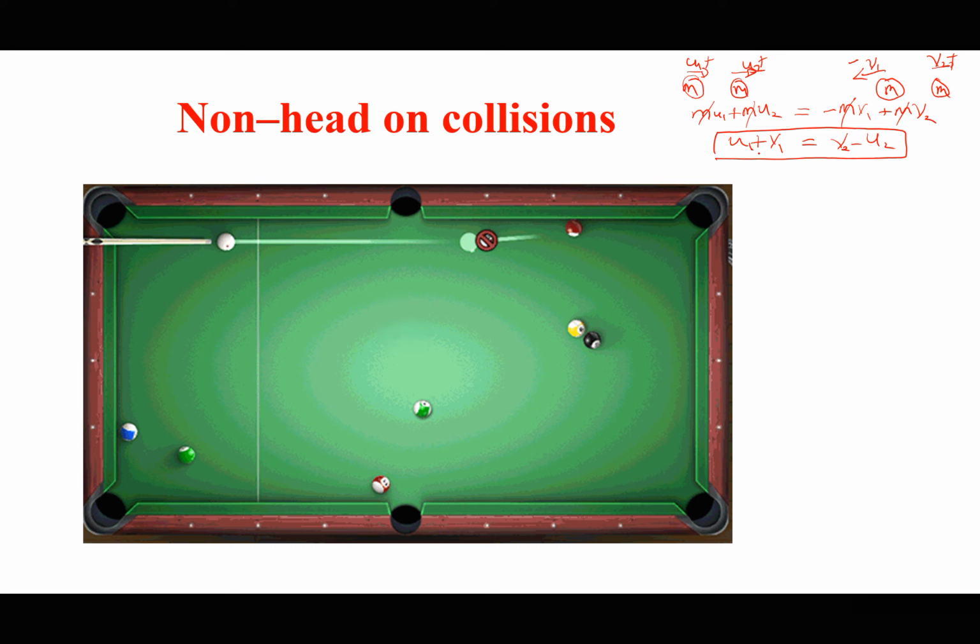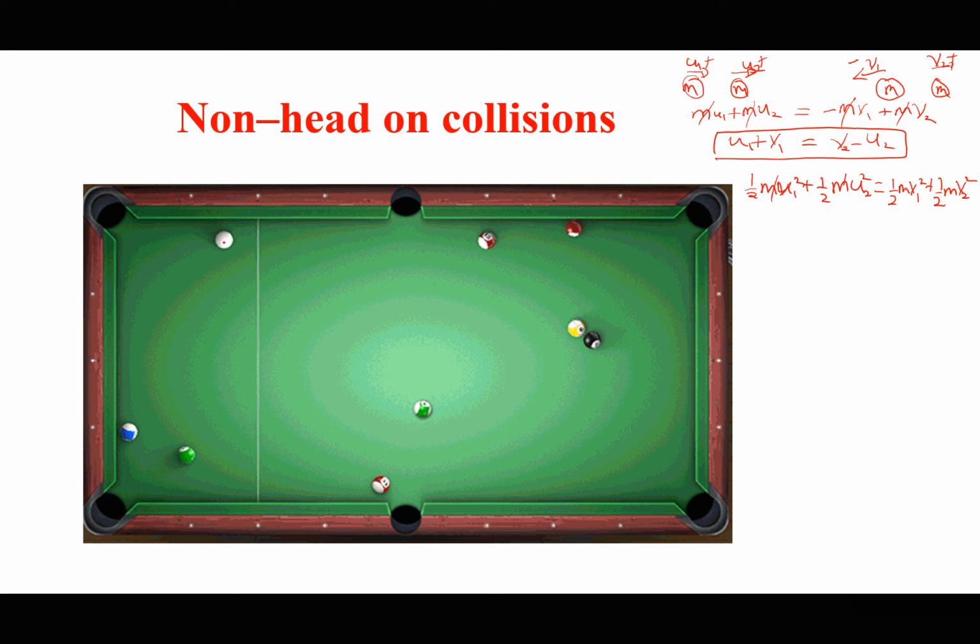Now I'm going to conserve kinetic energy. Total kinetic energy before, remember you don't use a minus when you're dealing with the kinetic energy. Total kinetic energy before is a half m u1 squared plus a half m u2 squared. That is before collision. Then after collision it is a half m v1 squared plus a half m v2 squared.